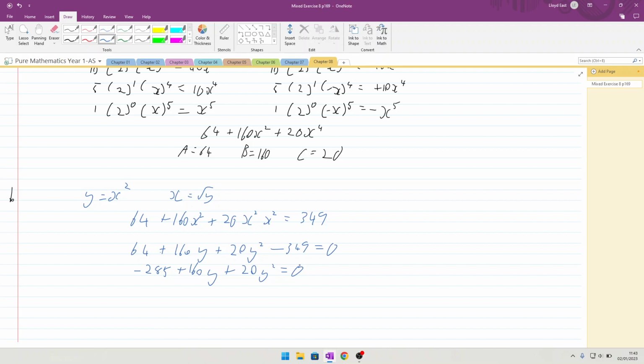Okay, 2 degrees on there. So 20 for the coefficient of y squared, 160 for the coefficient of y, and minus 285 for the constant, and it tells me that y is equal to 3 over 2 and minus 19 over 2.